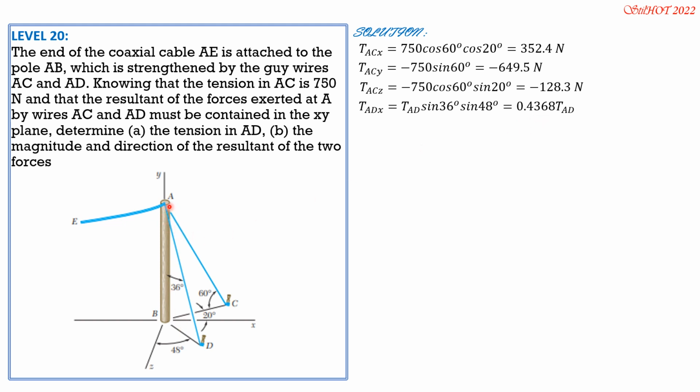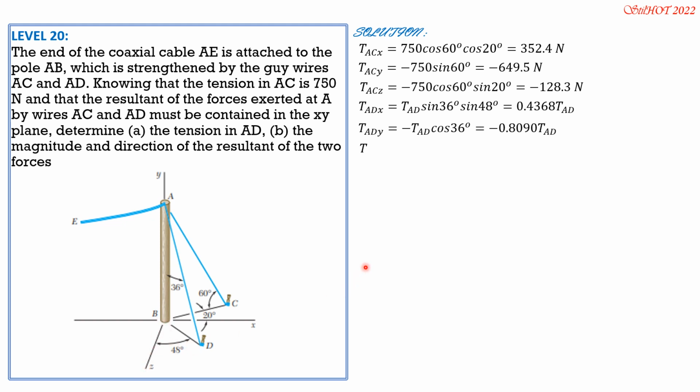TADY is simply tension in AD cosine of 36, negative going down. TADY, negative tension AD cosine of 36. In decimal, negative 0.8090 tension in AD. Then tension in AD along Z, after this projection, tension AD sine 36, it is adjacent to 48, so times cosine of 48.